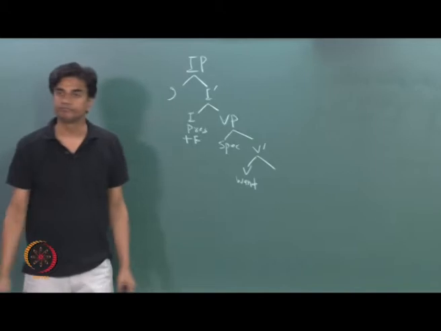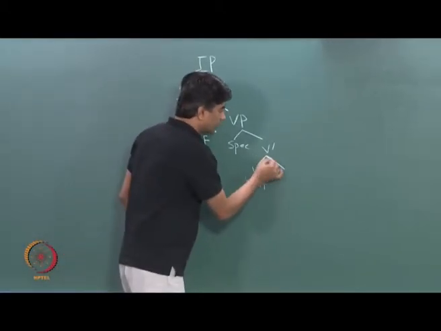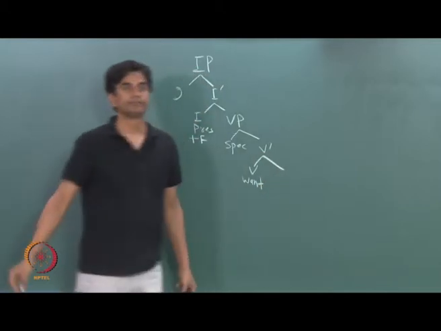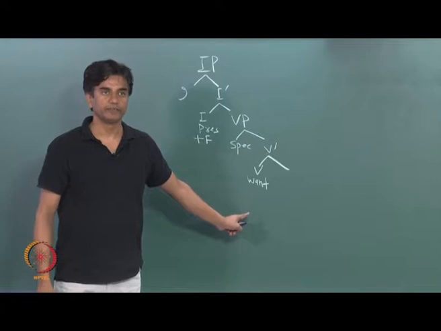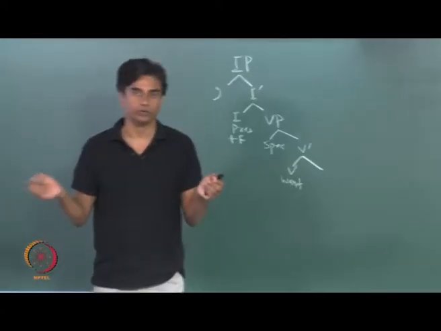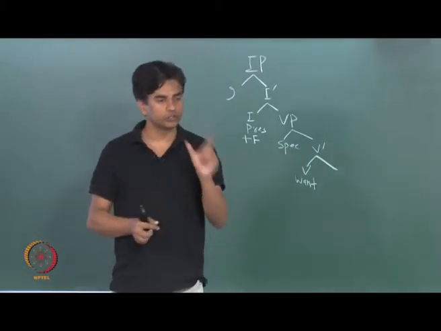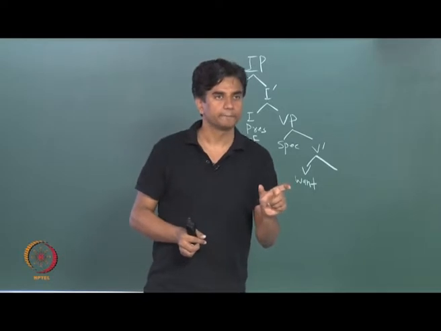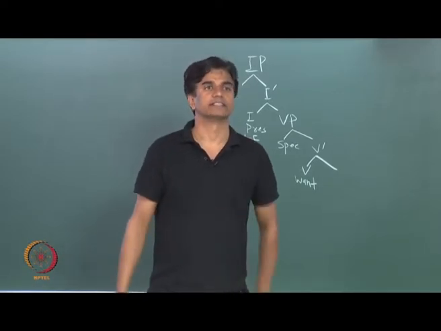Clear? Right? Now, the question is, what is the complement of this verb want? Okay? John to go or him to go is the whole thing as the complement. Now, if I say John to go, right, is a sentence, what is missing from that sentence?